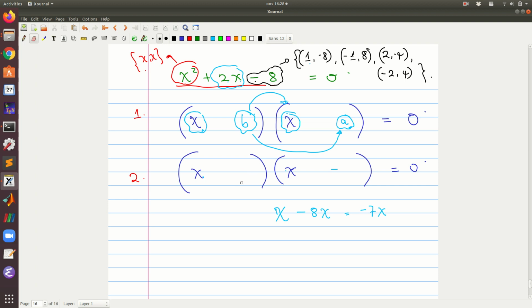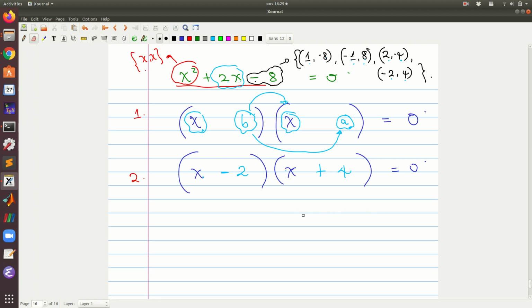We can see that negative 1 and 8 gives us positive 7, and then 2 plus negative 4 will give us negative 2, but negative 2 plus 4 will give us positive 2. So we are sure that if we put here negative 2 and here positive 4, it should give us the desired middle term.